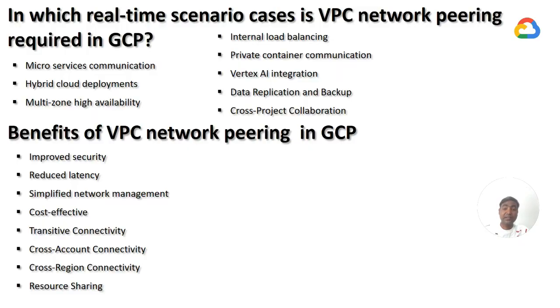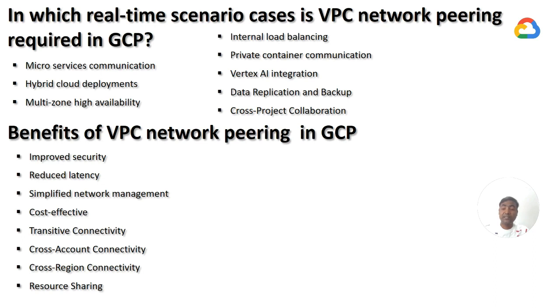Reduced latency means direct communication within the VPC network, avoiding the latency of going through the public internet. Simplified network management: as you know guys, peering simplifies network management by providing a single connection point for communication between two VPC networks. Cost-effective: peering avoids the need for NAT gateways and other public internet egress charges. That is the advantage guys.